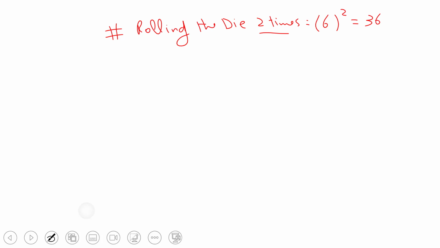So if I'm asking you the probability of having 1, for example, 3 times, 1, 1, 1, you have only 1 case in this situation, out of 216. You can change this into a percentage or decimal if you like. So this is all you can say.